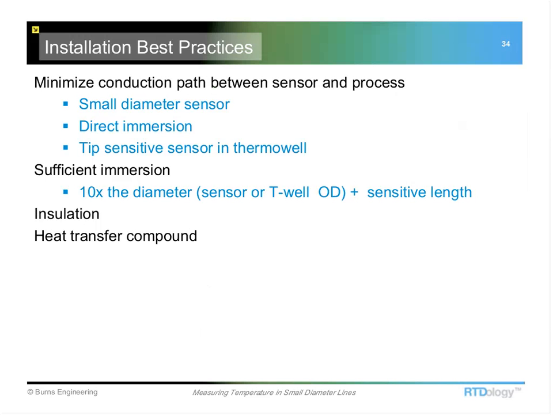So if we have, for example, a 1/4 inch diameter sensor, we take that times 10, so that's 2.5 inches, and then most sensing elements have about 1 inch of sensitive length. So we add that to the 2.5, and we get 3.5 inches of immersion as a minimum. And again, that's just a rule of thumb.